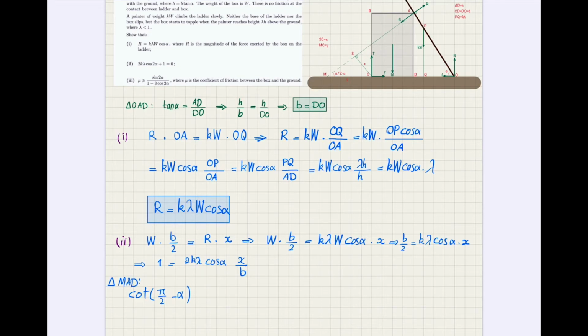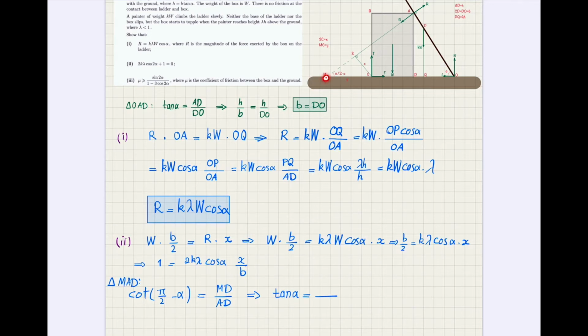I can write cotangent of pi over 2 minus alpha is equal to the adjacent side, which is MD, divided by the opposite side, which is AD. Okay, but you know that cotangent of pi over 2 minus alpha is just simply tangent of alpha. And then if you look here, what is MD?